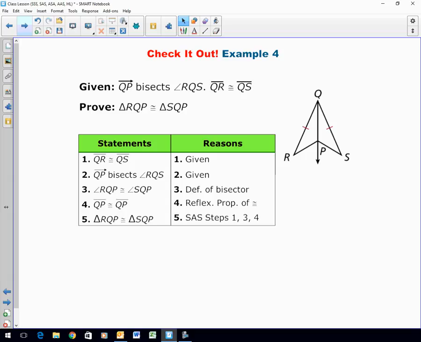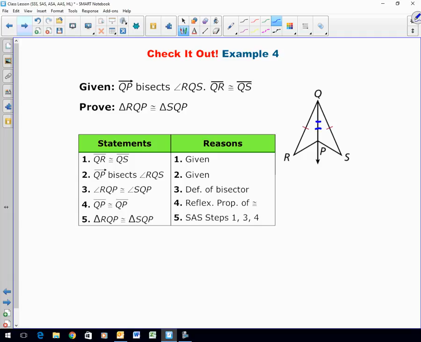Foster. How do I know that QR is congruent to QS? Perfect. How do I know that QP bisects angle RQS? How do I know that a bisector cuts an angle into two congruent angles? Awesome. How do I know that QP is congruent to itself?